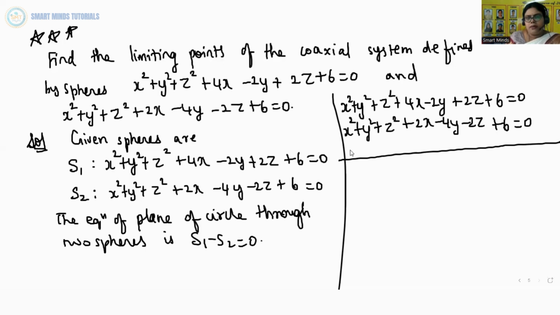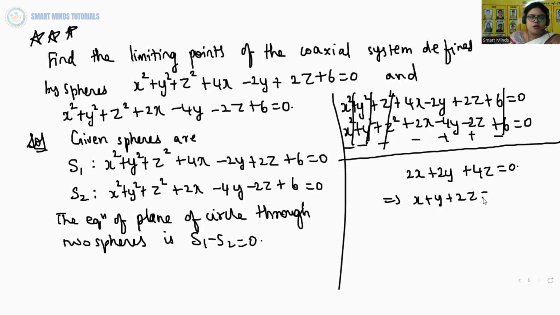If we subtract them, we change the signs. So x square, y square, z square cancel, 6 also cancels. 4x minus 2x is 2x, plus 2y plus 4z is equal to 0. If I take 2 common, we get x plus y plus 2z is equal to 0.